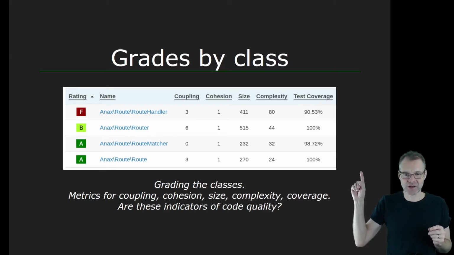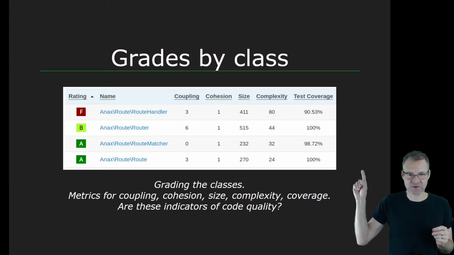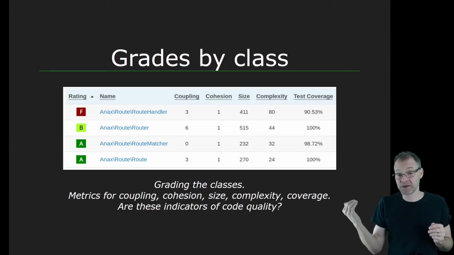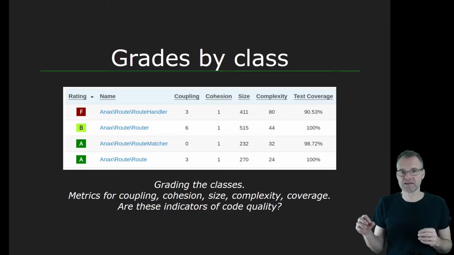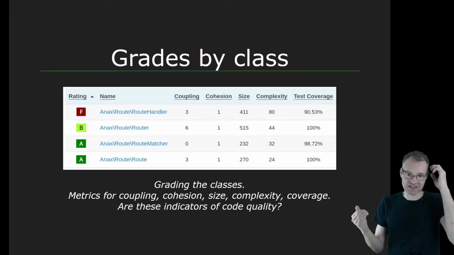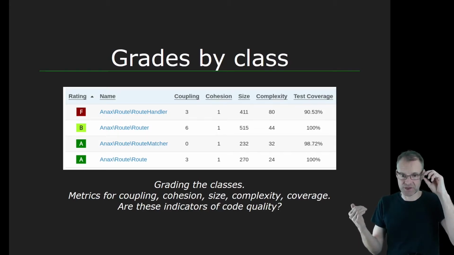Okay, here we can relate that the complexity of the top class seems to be very high compared to the other ones. Maybe that is one reason why they rate it so badly. Maybe it's a complexity issue. Okay, and now we have the test coverage. How much of this class is actually covered by unit tests?